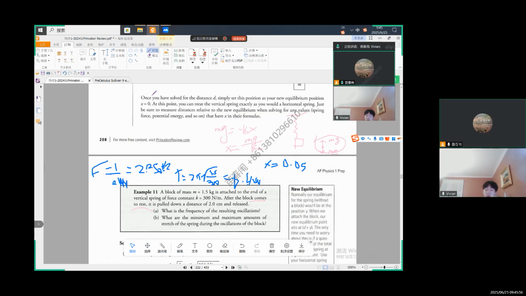Which means, if we talk in centimeters, 5 plus 2 and 5 minus 2, right? The highest position is probably 5 minus 2, and the lowest is 5 plus 2, right?